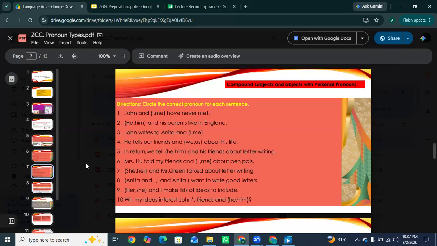He tells our friends and us about his life, because it is in object position receiving the action of telling. Okay. So the next one is: in return we tell him and his friends about letter writing. Yes. The next one is Mrs. Liu told my friend and me about pen pals.